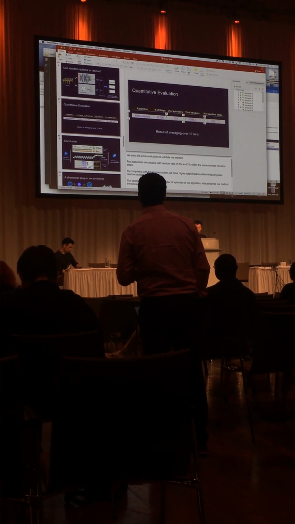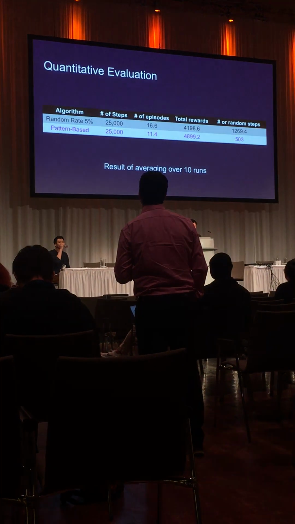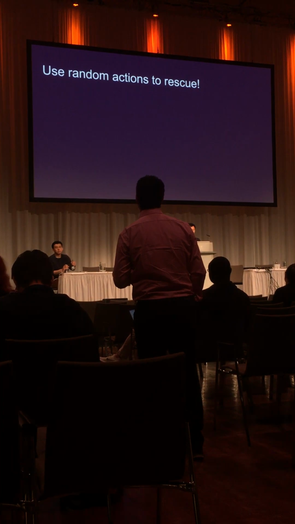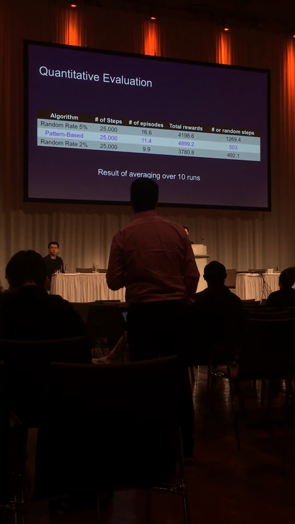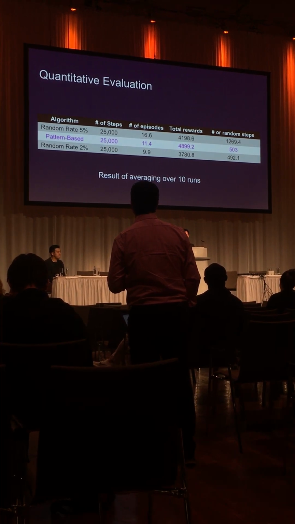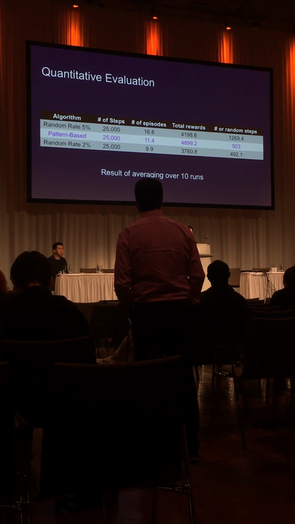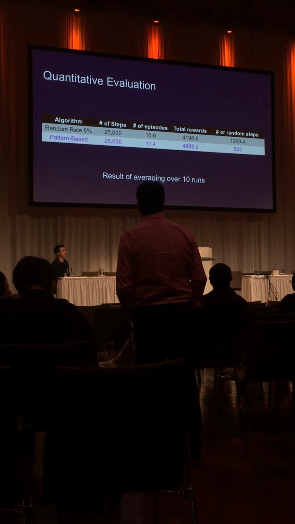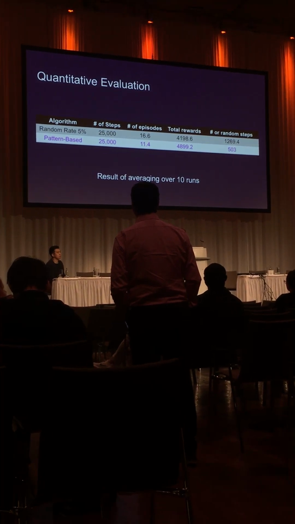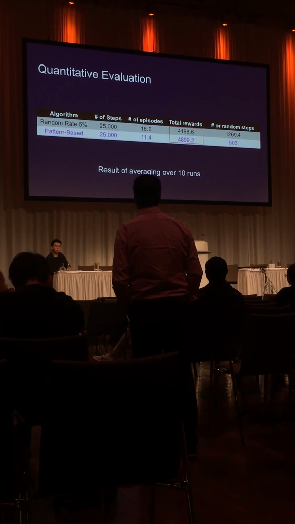Yeah, that's a good question. So basically, let me show you here. Our approach does not only improve the total rewards. If you can see, the random steps are actually significantly reduced. That can speed up the training. And also, if there is a deadlock, the game just crashes, so the training has to stop and then start again.